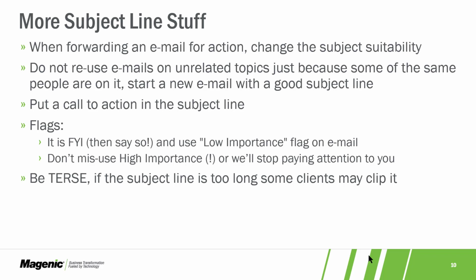As I said before, please don't reuse unrelated emails, and put a call to action in the subject line if there is an action to be had. If it's an FYI email, please mark it low importance. And please don't misuse high importance, because if you think everything, including donuts in the break room, deserves high importance, then you're broken. And we're going to stop listening to you.